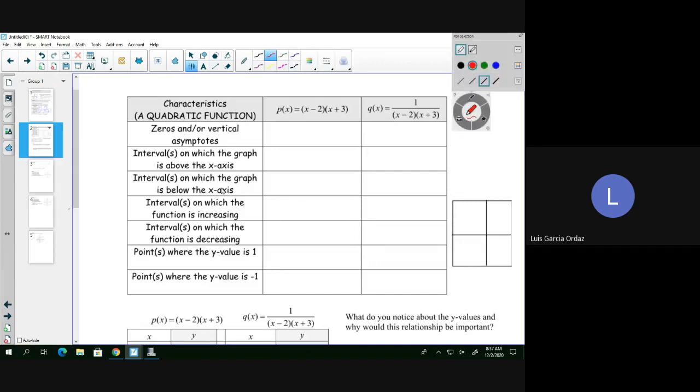So based off the equation for p of x, do we have any zeros or vertical asymptotes? P of x has zeros at 2 and negative 3, x is equal to negative 3 and 2, and we have no vertical asymptotes. How about the reciprocal? The same vertical asymptotes. Yep.